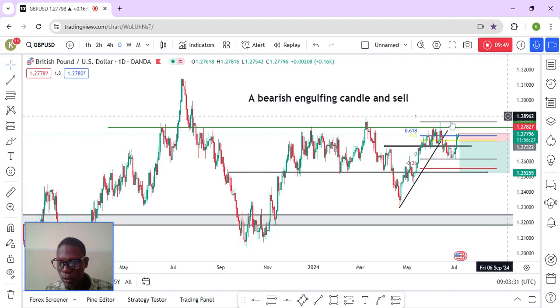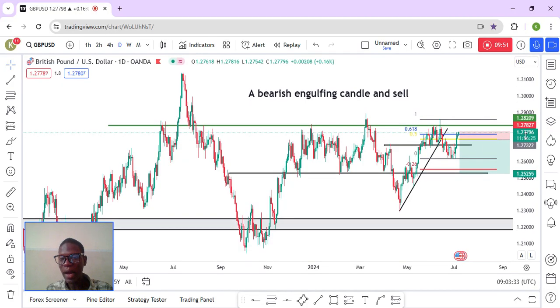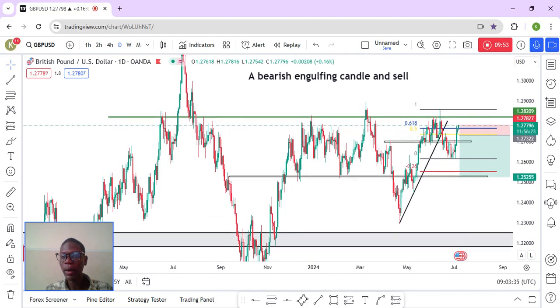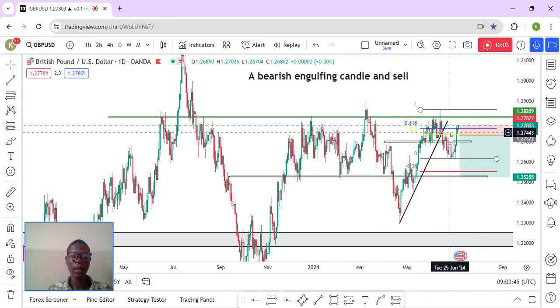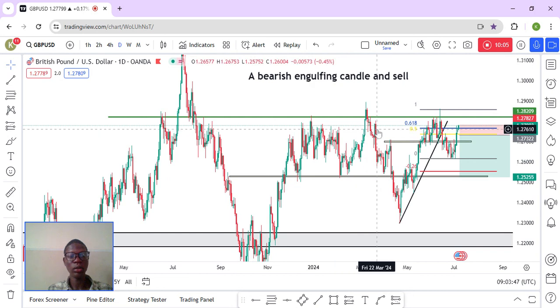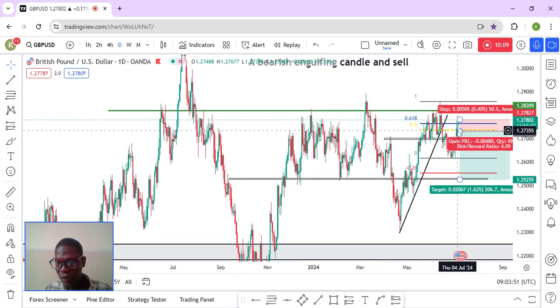The same thing is happening on Euro USD and GBP USD. You guys know that the market moved past the 0.618 level, and the same thing is happening on GBP USD. I'm not in this trade yet. I will just have to be waiting.